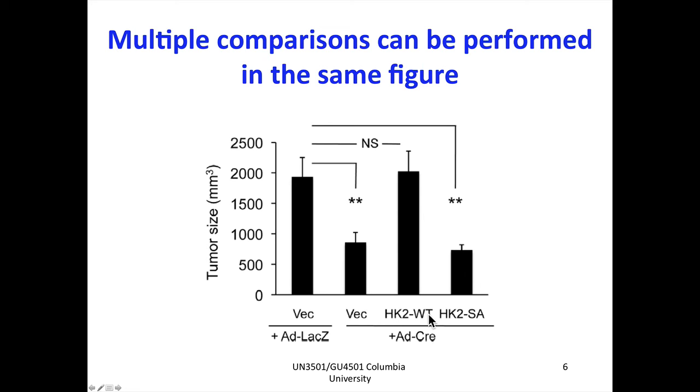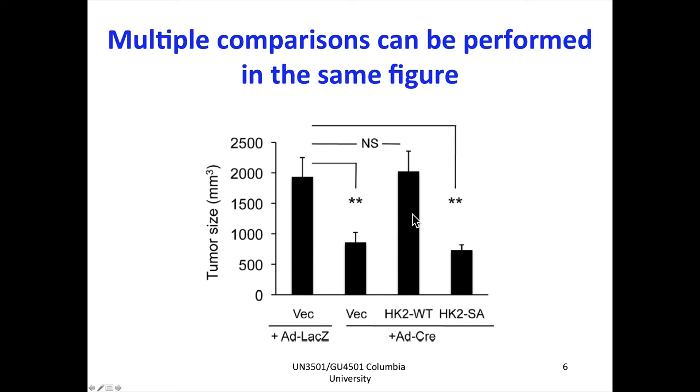So in other words, does reintroducing hexokinase 2 into the cells that were treated with AD-CRE reverse the effects of AD-CRE? If AD-CRE was just damaging the cells in some other way that had nothing to do with hexokinase 2, then when you introduce hexokinase 2, it wouldn't reverse the effect of AD-CRE.